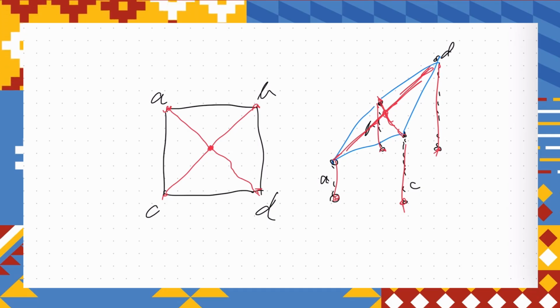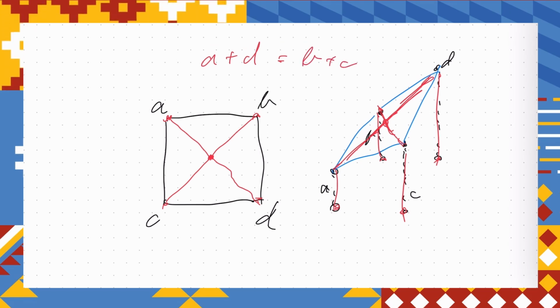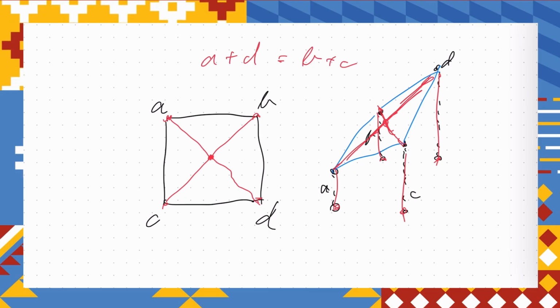So the condition that A plus D equals B plus C is actually sufficient and necessary. So this perfectly captures the property of the seafloor.